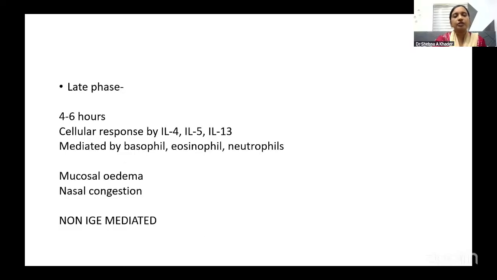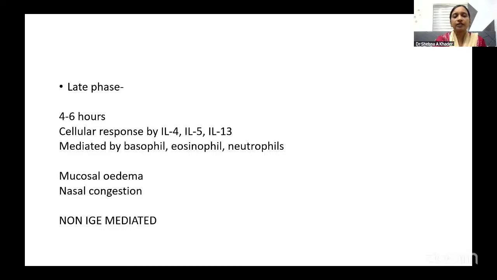The late phase usually occurs around 4 to 6 hours later, and it is mainly the cellular response. The other one was mainly a mediator response. The cellular response is mainly by the cytokines released by Th2, that is IL-4, 5, and 13, and it is mediated by basophils, eosinophils, and neutrophils, resulting in mucosal edema and nasal congestion.